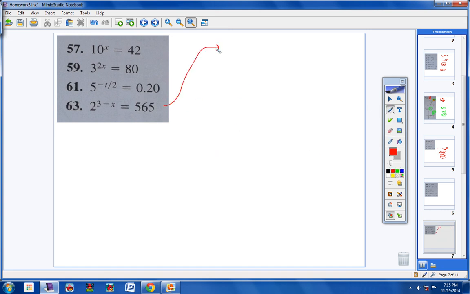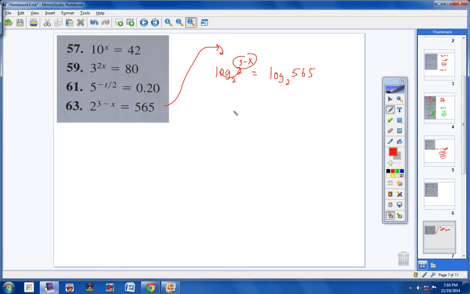Number 63. Okay, here we go. There's no way we can make both sides with the same base. So the base of my unknown is 2. So here we go. Log base 2. Here we go. Log base 2. Okay, whenever your base matches your base, the answer is your exponent.